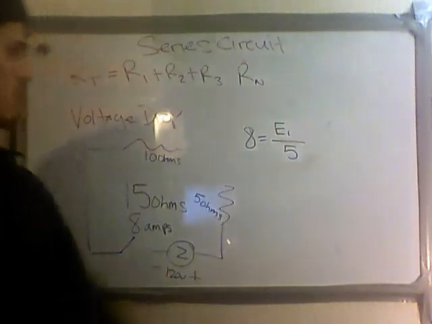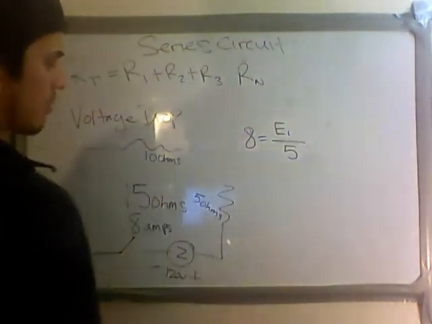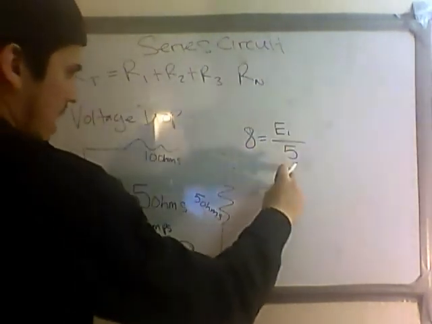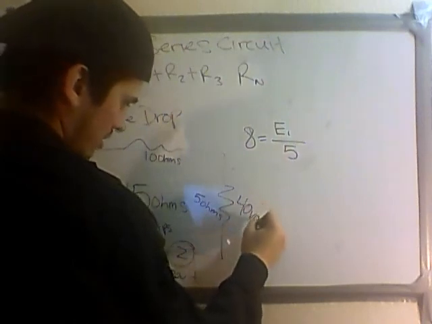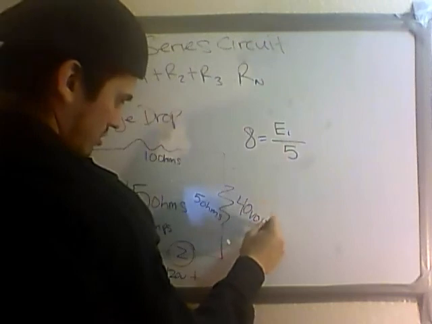If you remember back to the pie chart, if you multiply 8 by 5, that will give you the voltage. So 8 times 5 is 40. So this has 40 volts across it.